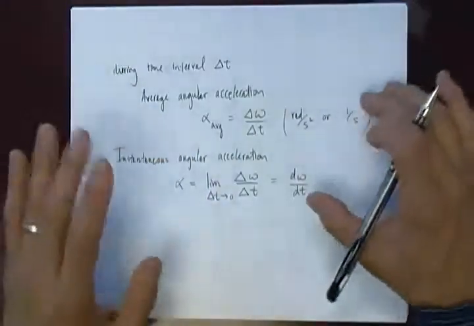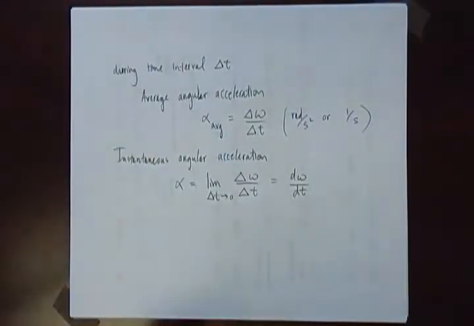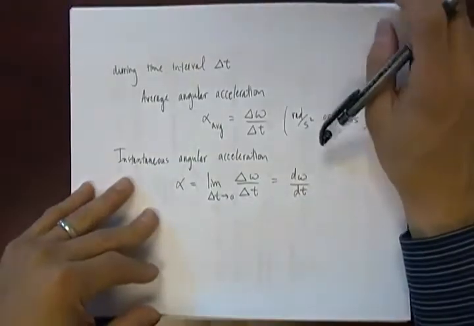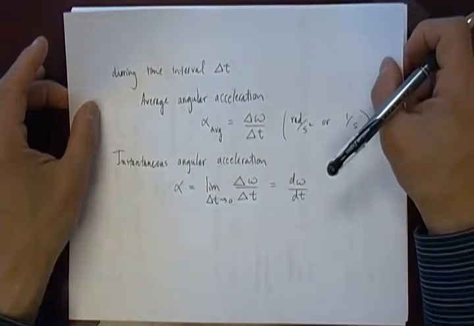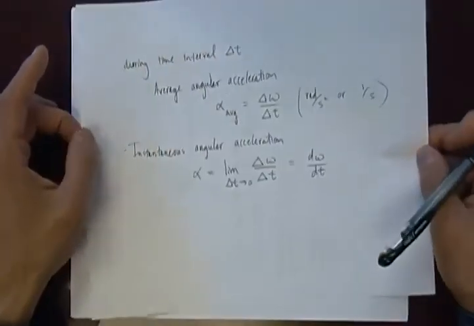So all this stuff should remind you of the things we did in the first couple of lectures of the course for motion along the x-axis. We're going to end up doing a lot of the same things that we did back then, so I will try to frame this in terms of analogies.